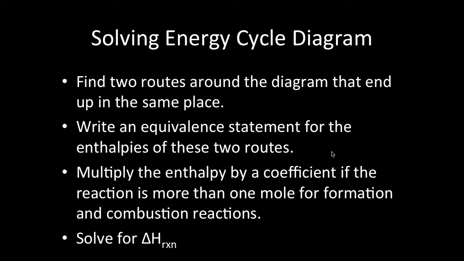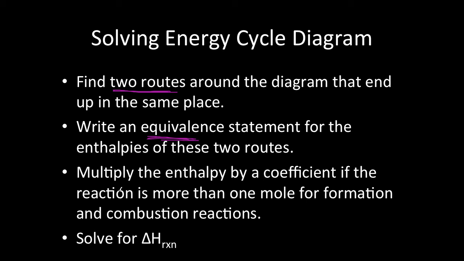So how do I use an energy cycle diagram to calculate the enthalpy of a reaction of interest? Well, first I'm going to find those two routes around the energy cycle diagram, and I'm going to make them equal to each other. The trick for finding the two routes is finding out in which direction the arrows are mostly pointing, and we'll practice that in a second.